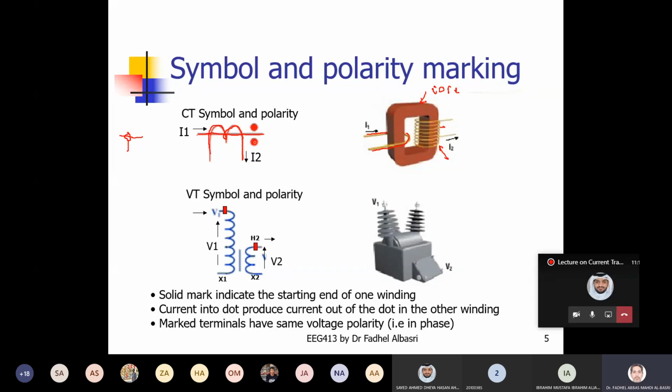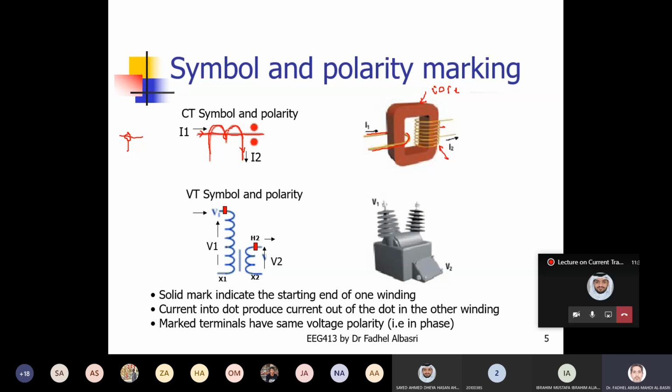Okay. So we have a multi-ratio CT, where the output secondary winding has different taps to pick the ratio. These dots represent the polarity. I mean, if you inject a current at the primary in this direction, how is the secondary current? What I am showing is not right now.